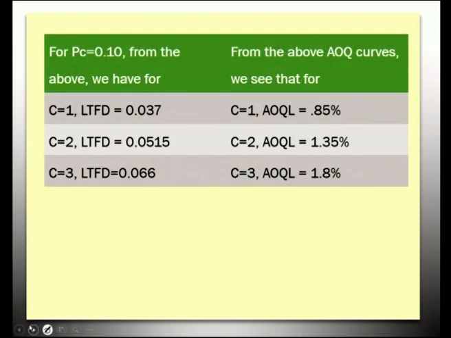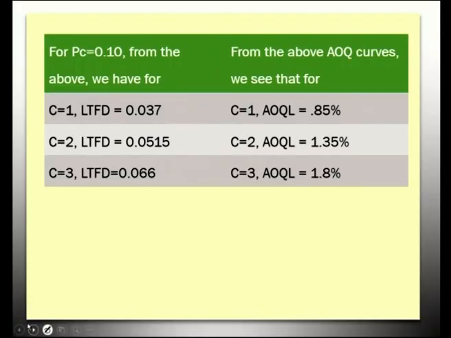Next, we are also asked to find out the LTPD, that is LTFD, lot tolerance fraction defective. Sometimes it is also called as LTFD. It is same as LTPD, lot tolerance proportion defective. Now, for PA is equal to 0.10, from the above we have for C is equal to 1, LTFD value is 0.037.